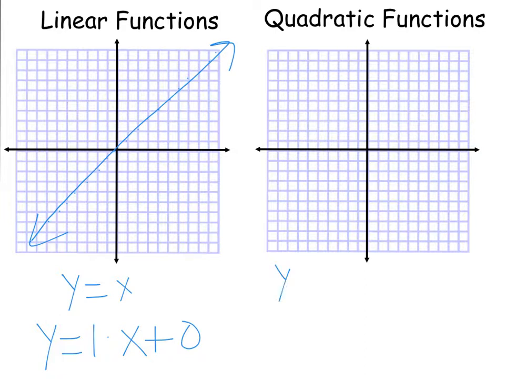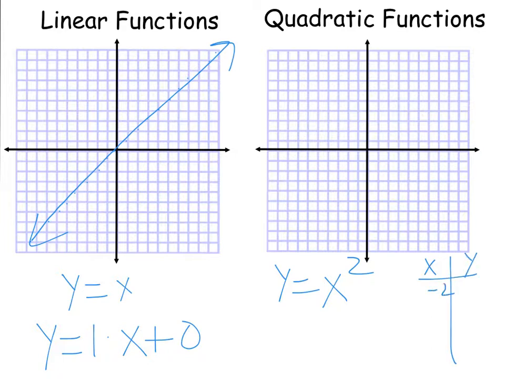With quadratics, y equals x squared. It's the one that was on the top of this page on the previous slide. We saw a parent function for a quadratic. Nothing super crazy going on here.